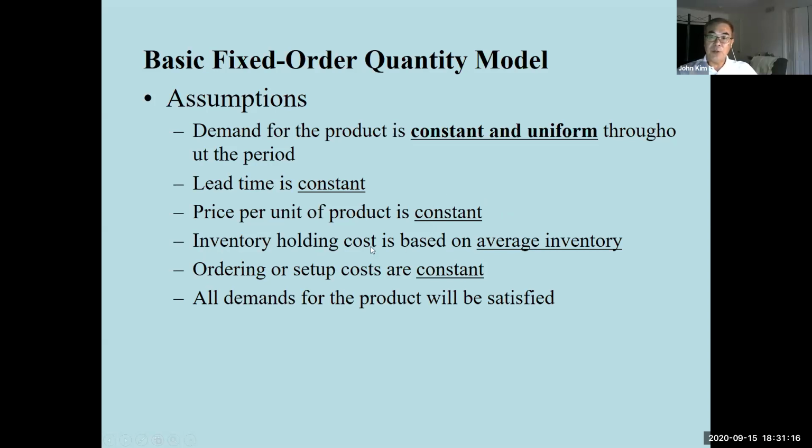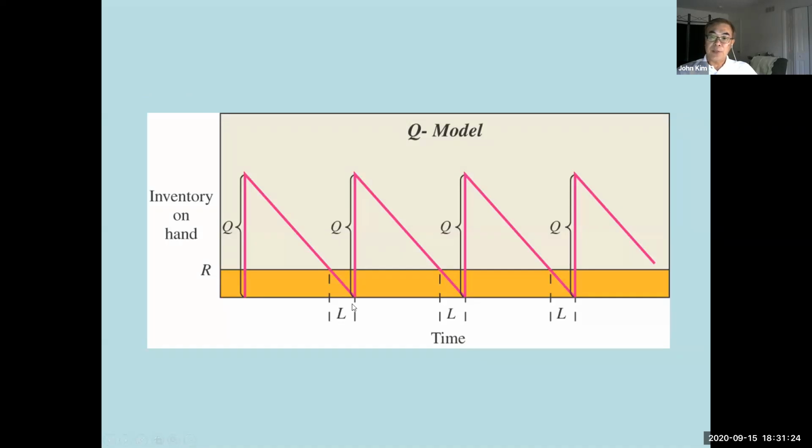And the inventory holding cost is based on average inventory. During this period or term, from the level of Q inventory down to 0, the average inventory is half of Q. So Q divided by 2 is the average inventory.